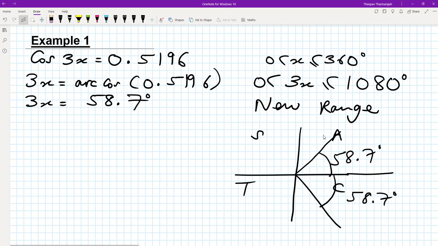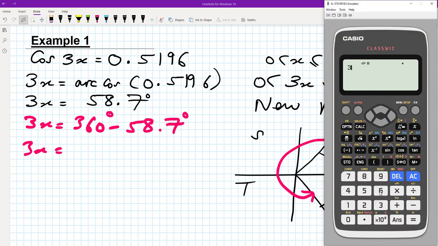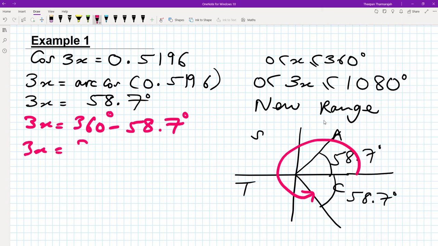So our second solution is 3x is 360 minus 58.7 degrees, which is 301.3 degrees.